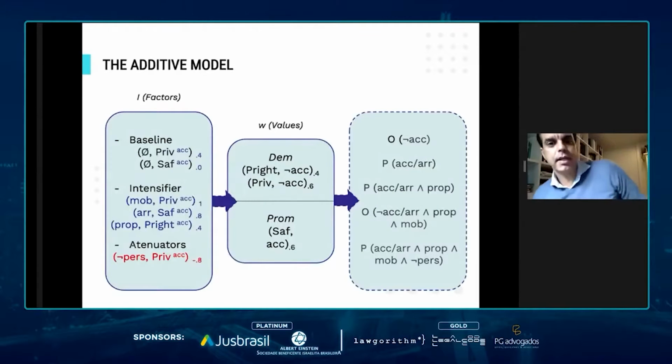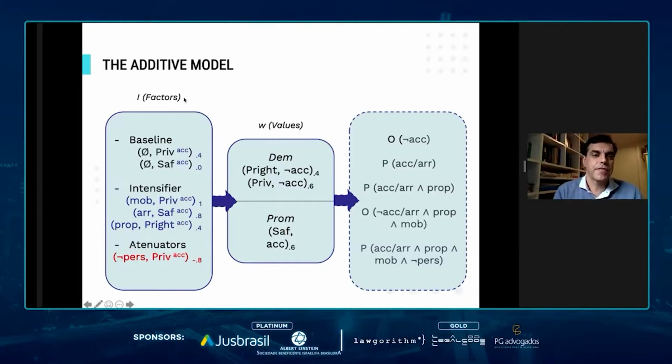So let me give an example of the additive model that we have used. We have a weight function taking values to the interval of real numbers 0 to 1, and they are going to represent dimensions of relative importance of these values and a hierarchy between the values at stake.